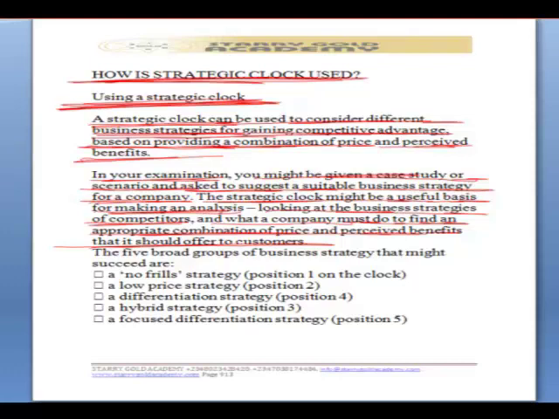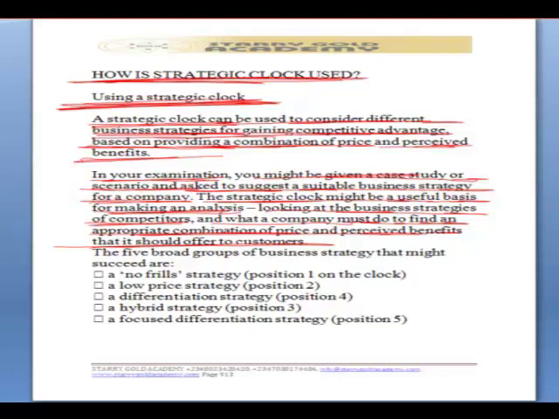Students under this condition are expected to read the case study or scenario carefully before making attempts, and it may have to be read many times so as to have a broader understanding of what the issues are all about. And having understood the relevant issues contained in the case study, the strategic clock is likely to be a useful tool or basis for analysis.